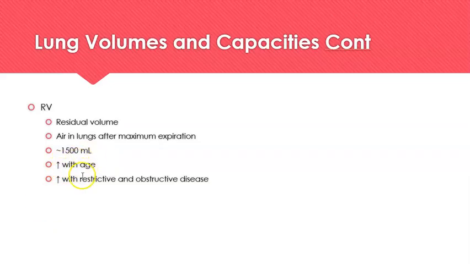It increases with age. So the amount of lung volume left in the lung is going to be higher. If you think about that, then the inspiration-expiration rate is not going to be the same, it would be less. It's going to increase in restrictive and obstructive disease as well.